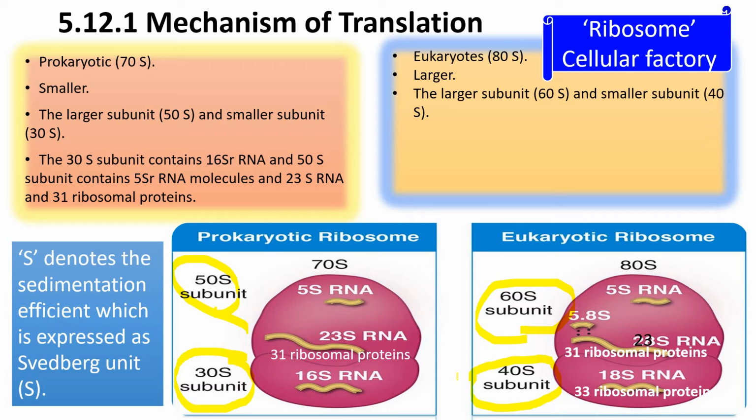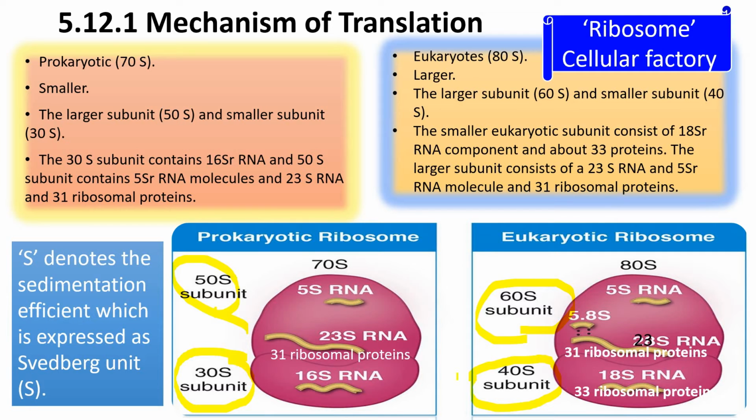Then the ribosomes have rRNAs, and there is a small difference between prokaryotic and eukaryotic ribosomes. The 30S subunit in prokaryotes has 16S rRNA. The larger subunit has 5S rRNA and 23S rRNA, then 31 ribosomal proteins.